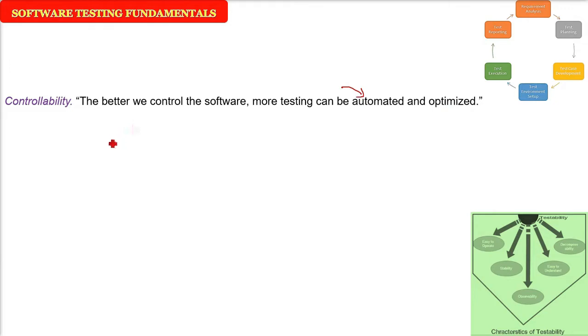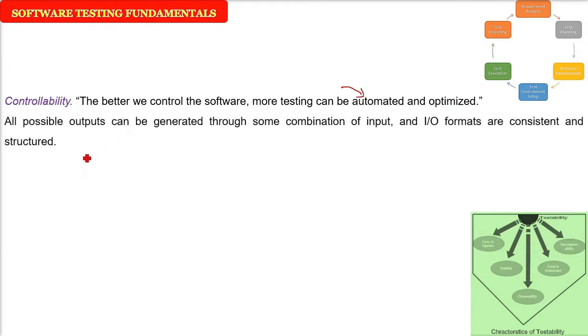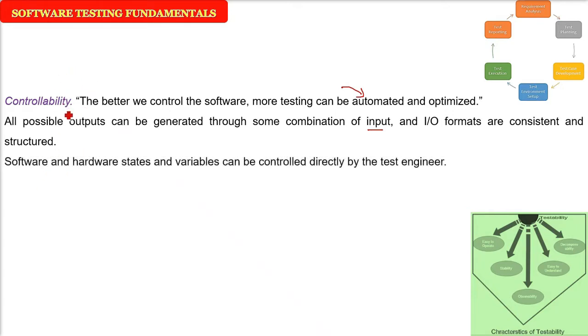If the software is under your control, that is, all the possible outputs can be generated through certain combinations of input, the input and output formats are consistent everywhere and properly structured. The software and hardware states and the variables can be controlled directly by the person who is testing, that is, the test engineer.